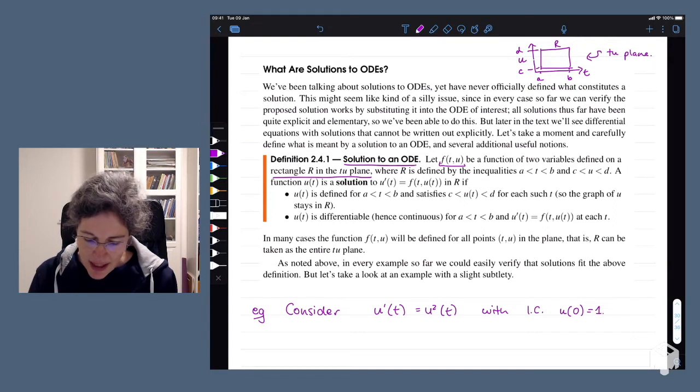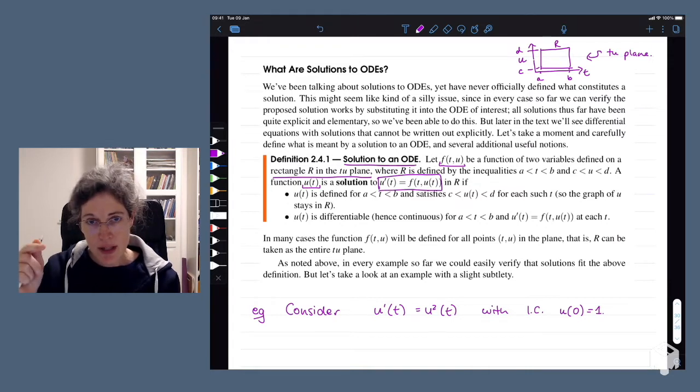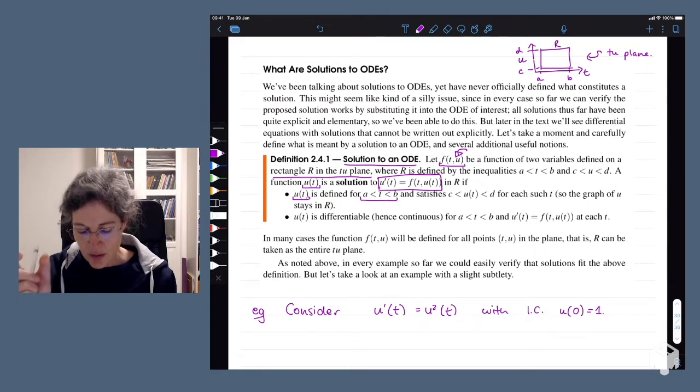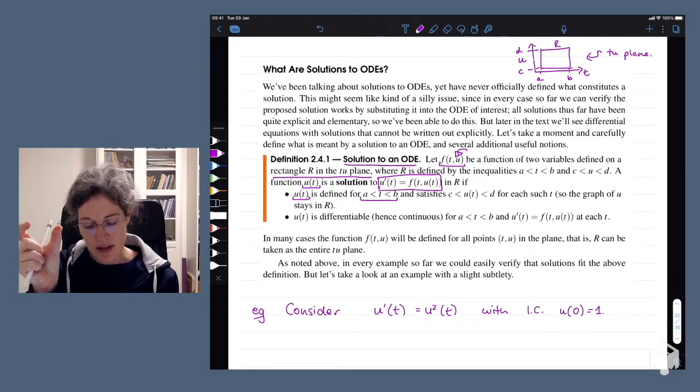And what we'll say is that a function u of t is a solution to the differential equation given by du by dt equals this f that we've got over here, if two conditions are met. This function that we found is defined on our rectangle. So it's defined for a less than t less than b.